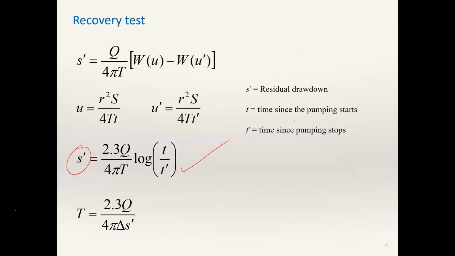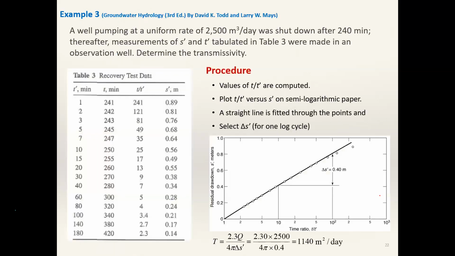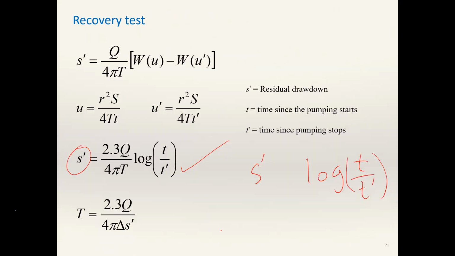Right? So the equation is like this. That is also a linear equation. If you use S dash and log T over T dash. Right? So what you do, you plot it like that, then find out the gradient. You see, the gradient is equal to this one. Very simple. Right? This is your x-axis, this is y, and this is the gradient. What you get is an equation of the kind y is equal to mx.